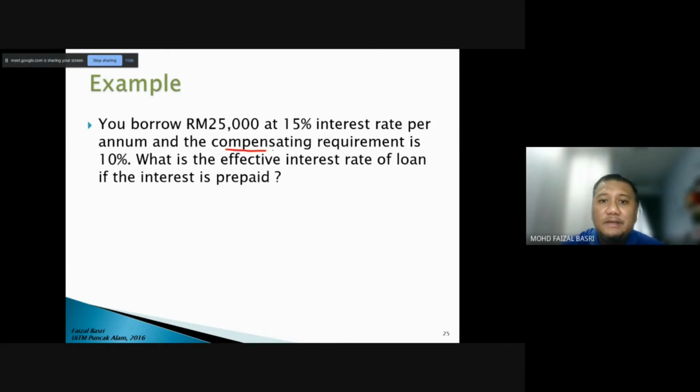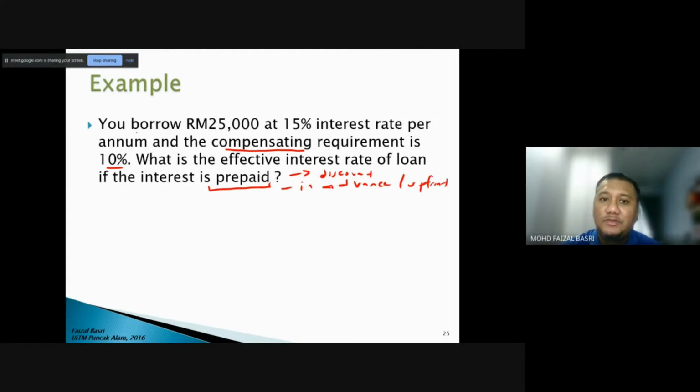There is a CB requirement of 10%, and they have to pay interest prepaid or in advance, or upfront. So these are the terms that they use. Pay in advance, pay upfront, prepaid, they are all actually referring to discount interest. So what happened here? It's going to affect the proceeds.